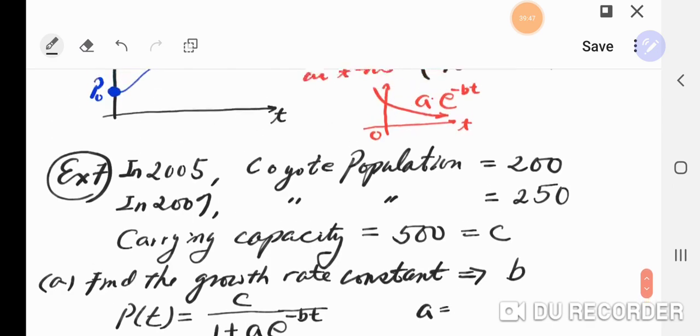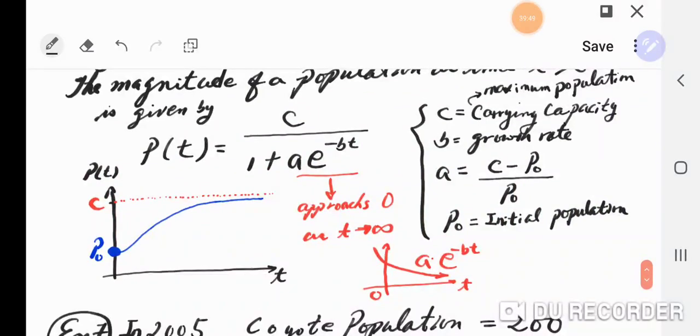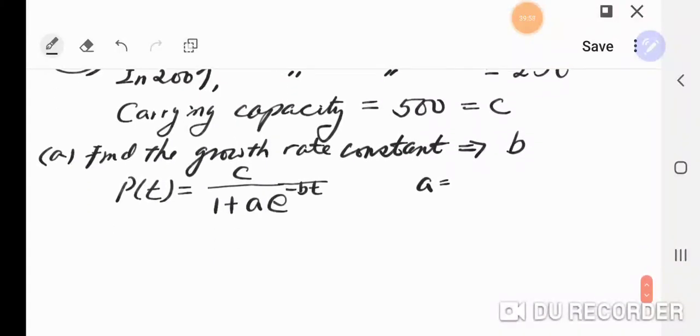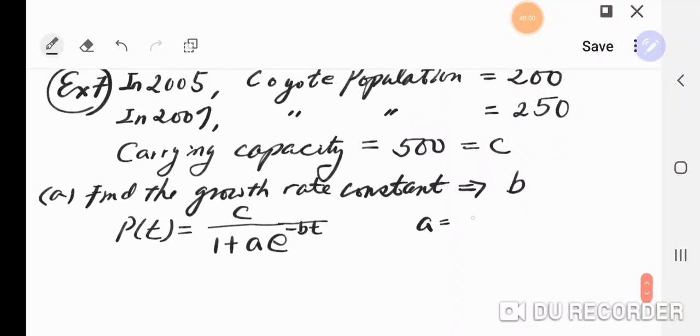As you see from the above, A is the difference between the carrying capacity and the initial population, divided by P0. So A is C minus P0, divided by the initial population P0. C is 500, the maximum.